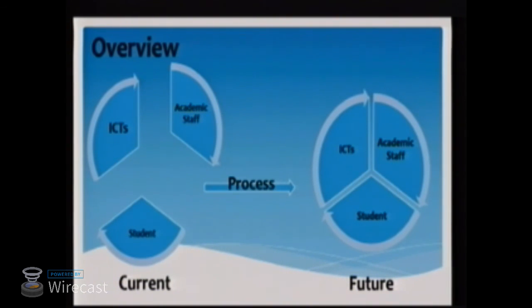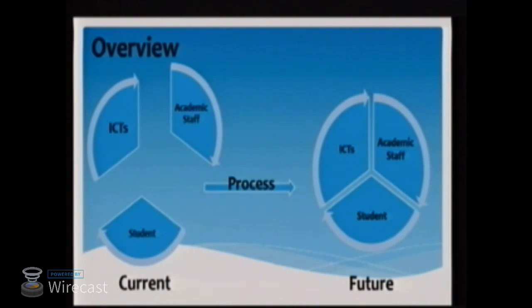Now, what we see here is the status of the use of ICT in learning and teaching from a student's perspective. There are disconnects in the use of ICT services in learning and teaching. And we feel that we need to see and feel the interaction of ICT services during teaching and learning.